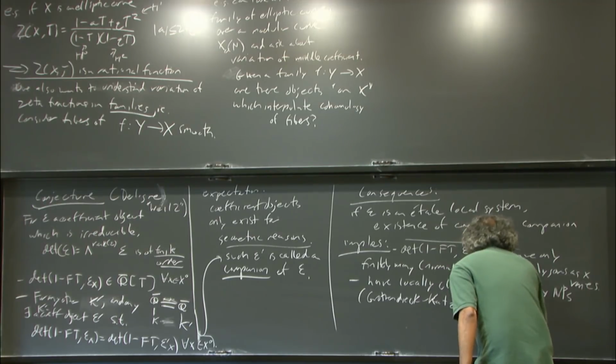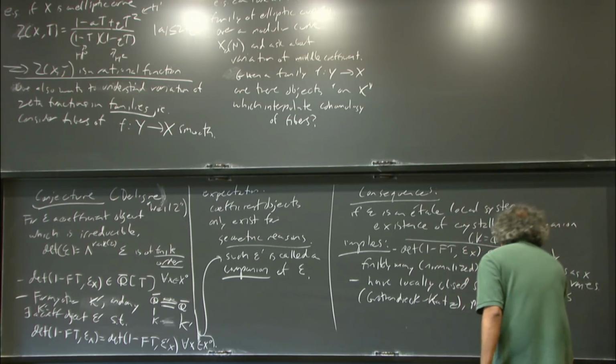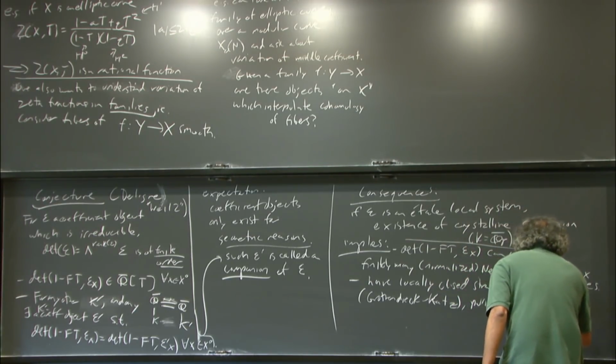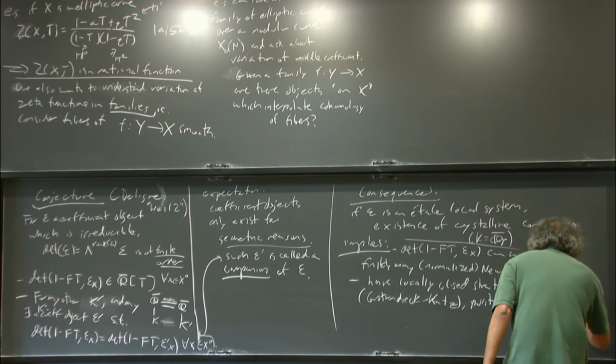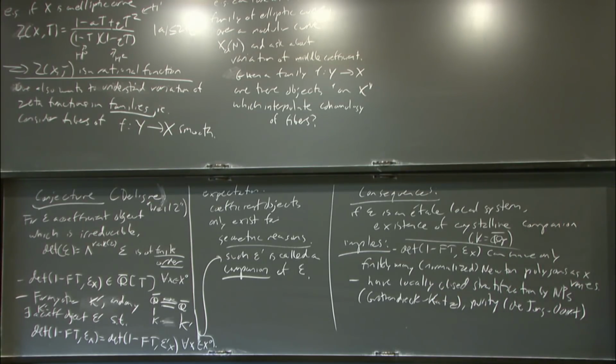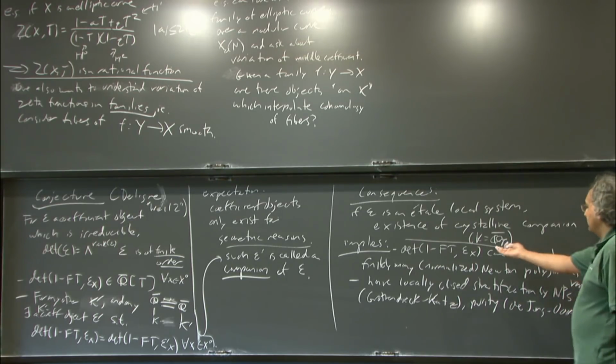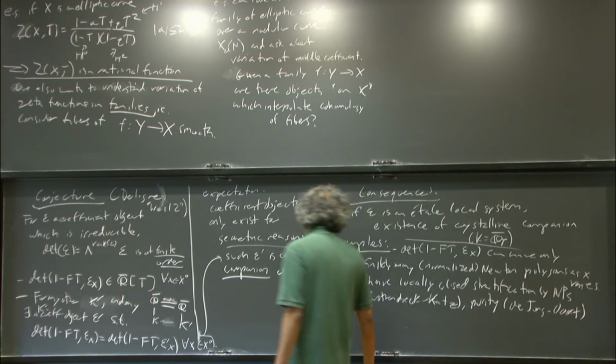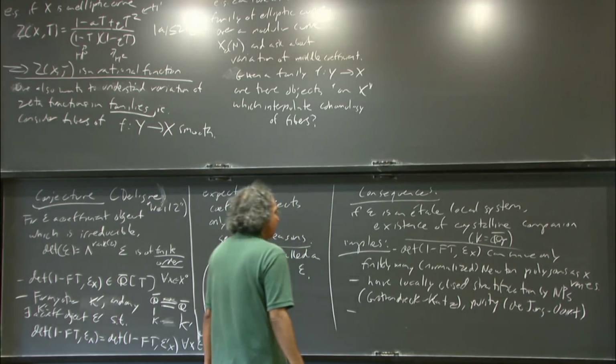You also have some sort of purity theorem that says that jumps only happen in codimension 1. That was proved by de Jong and Oort. And again, these are statements entirely in the P-adic world. You can't really hope to prove them L-adically, but if you have a crystalline companion, then of course they tell you statements about the characteristic polynomials that you started with.